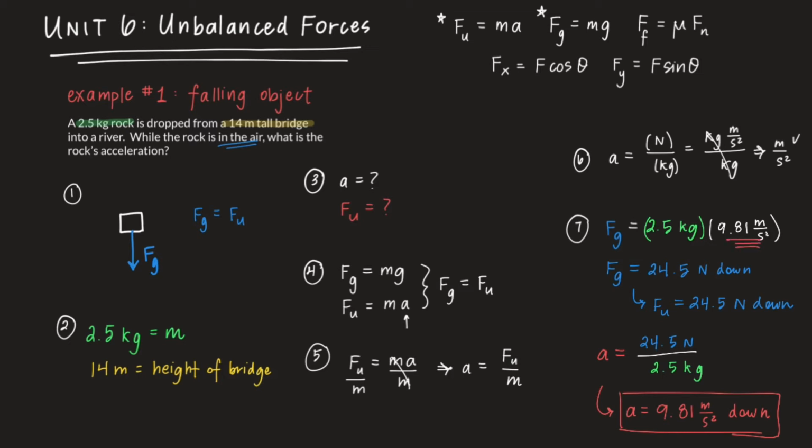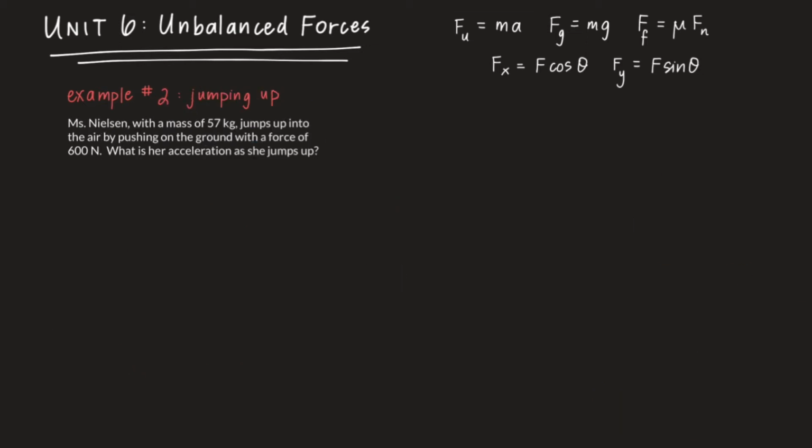That's what g is. And it's a good thing that we got it, because this is the acceleration that all falling objects have. Every object that falls is going to accelerate at 9.81 meters per second squared. Again, the key to this problem was just finding that unbalanced force first and then using it to find the acceleration. Let's take a look at another example.